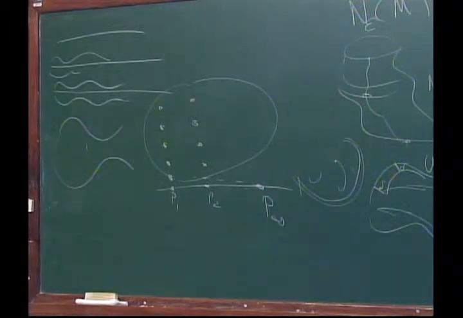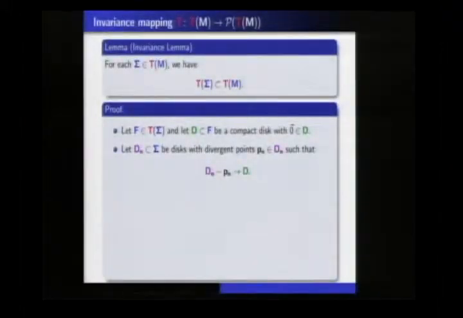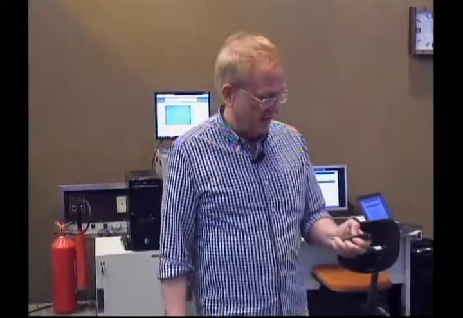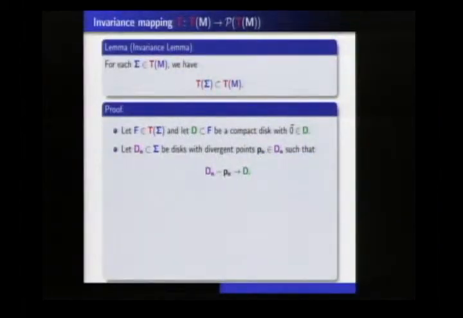But remember, these disks themselves came from disks on the original surface M. So we can approximate these disks as close as we want by disks on M that were translated to make those particular disks.